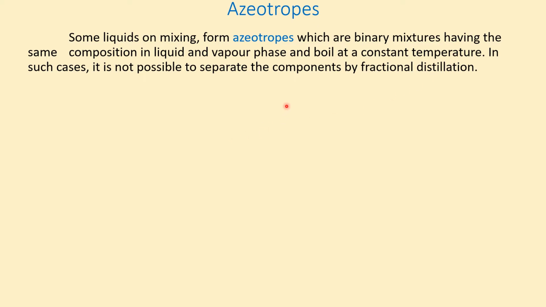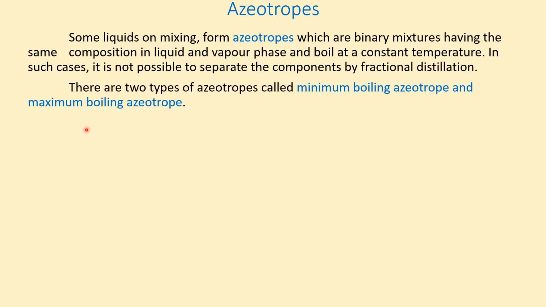So the properties of an azeotrope are, first, they have the same composition in liquid and vapor phase. They boil at constant temperature. In such cases, it is not possible to separate the components by fractional distillation. Distillation is the process of separating the components.